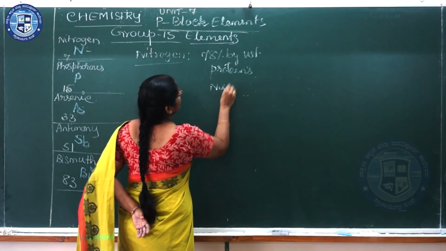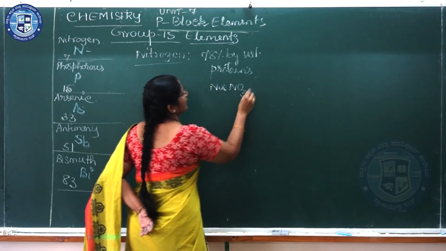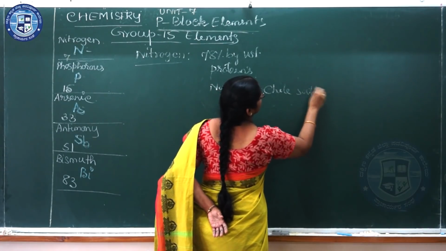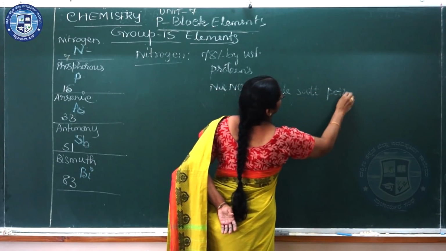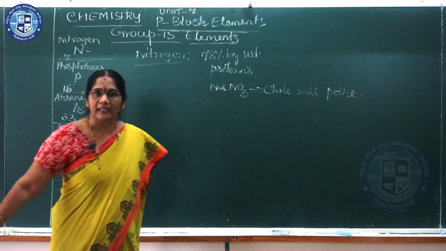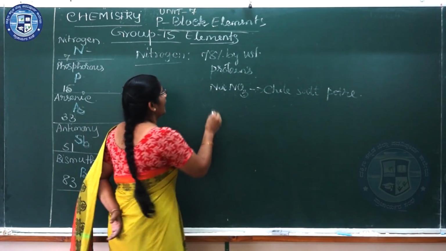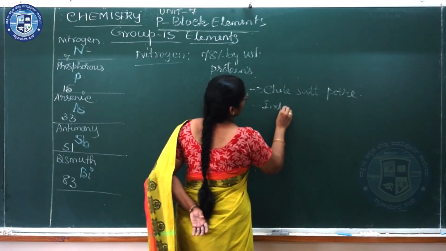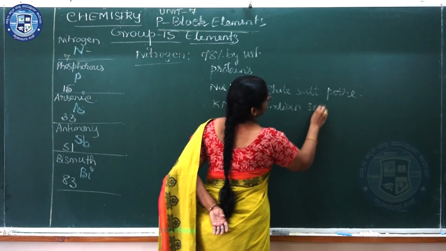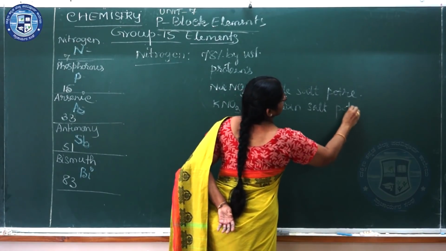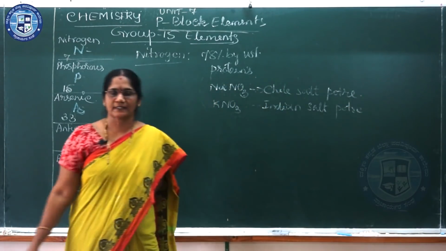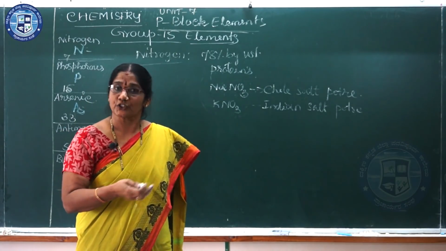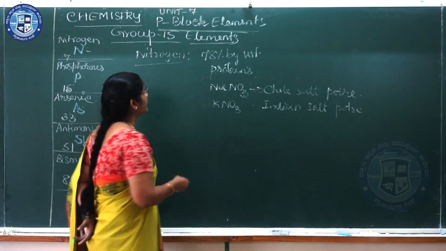For example, NaNO3 is called chile saltpeter, and potassium nitrate is called Indian saltpeter. So these are the sources of nitrogen, and nitrogen bases also constitute the nucleic acids RNA, DNA.